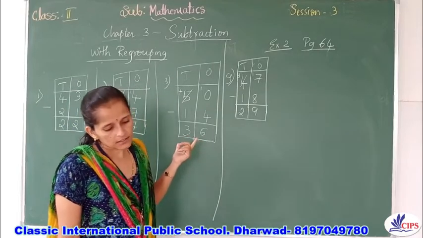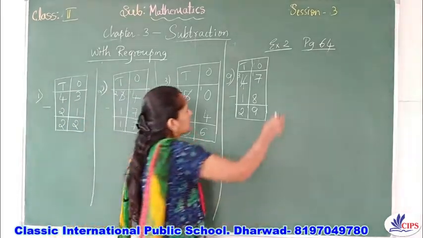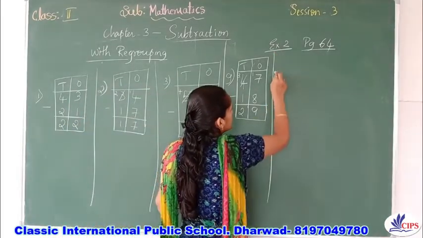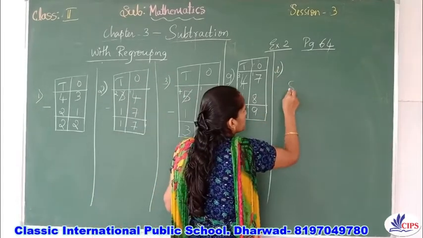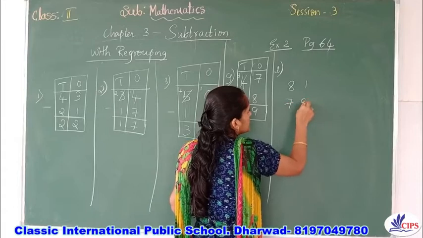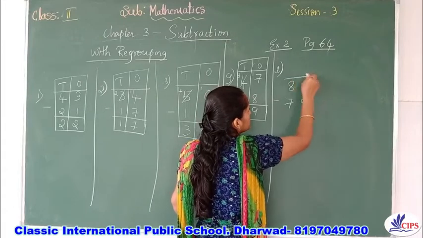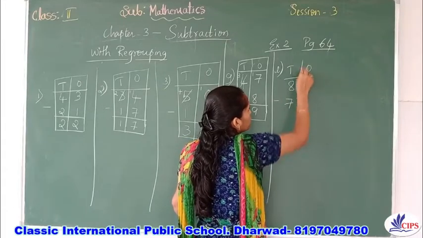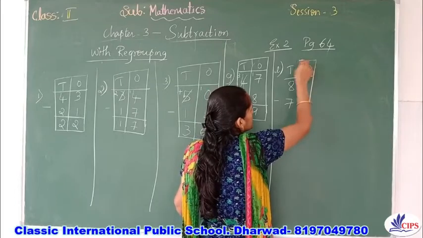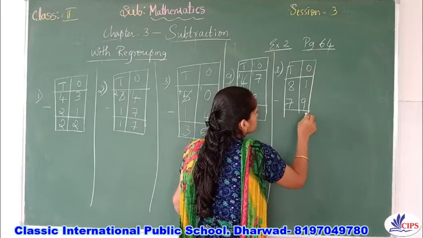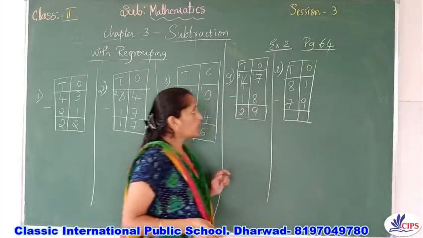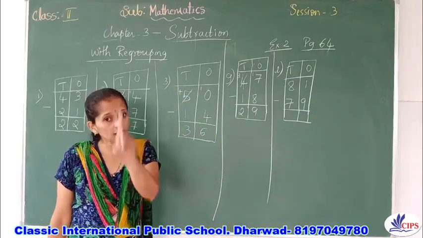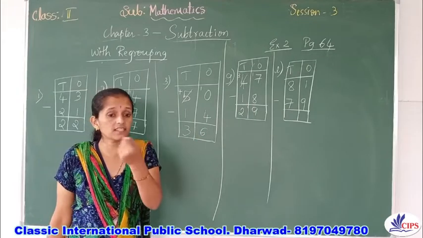Example number L. 81 minus 79. Just to help you solve this exercise, I am taking this one. 1 minus 9, there is only 1, but I have to do minus 9.